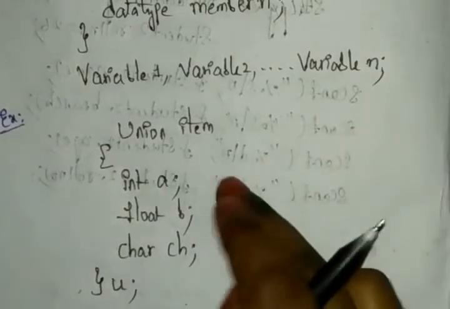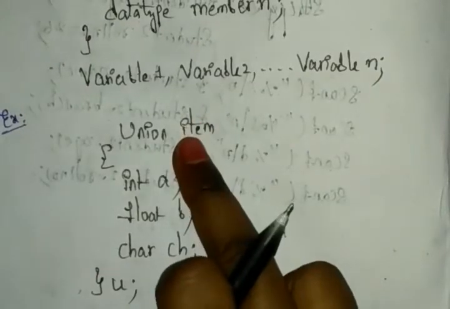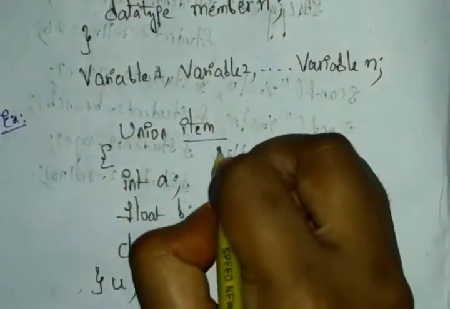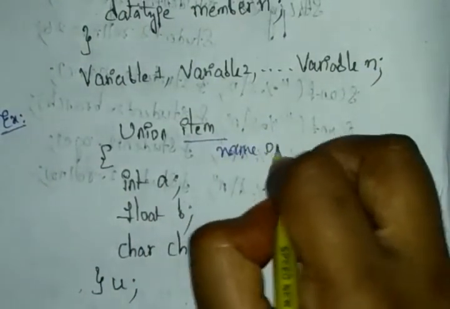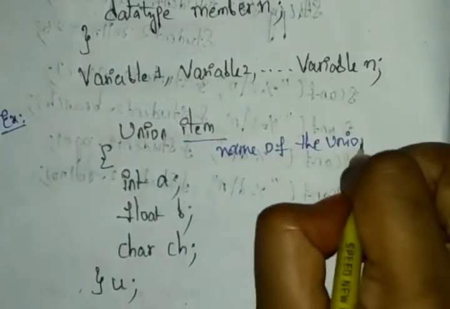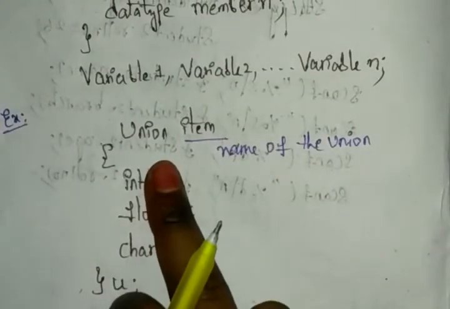You can see in this example item is the name of the union. Whatever you have as item, that is the name of the union. We can say this is the tag name, which is used with the union keyword.